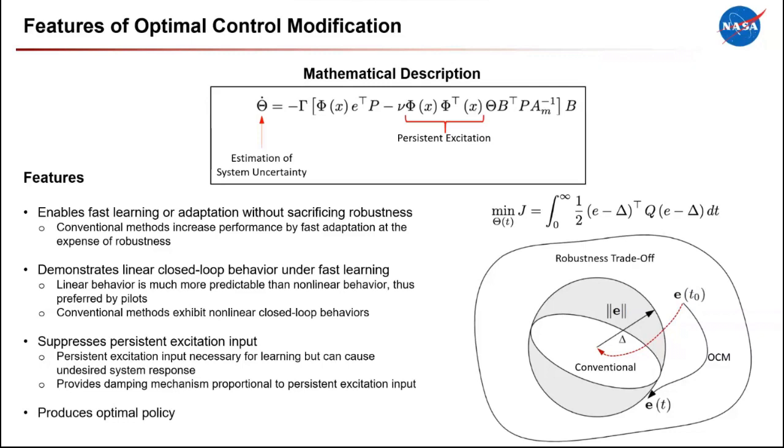This figure on this chart can illustrate the difference between the optimal control modification and the conventional methods. I drew a ball there. The ball represents a hypersphere. At the origin, we have zero error, the error between the reference model and the system response.